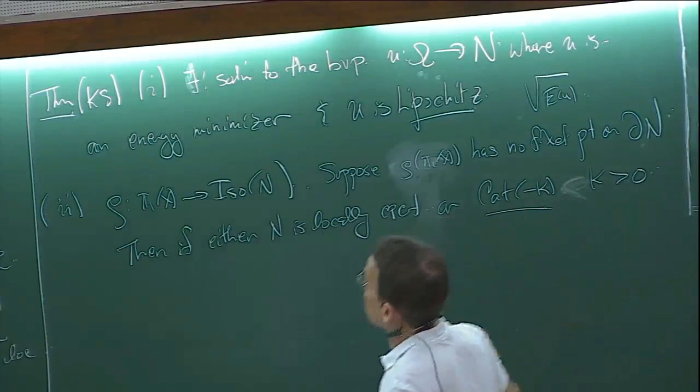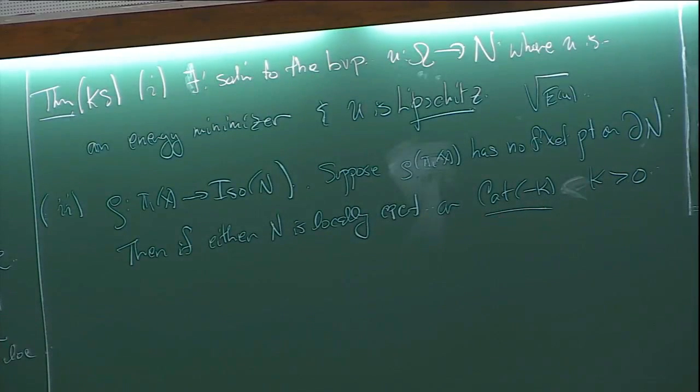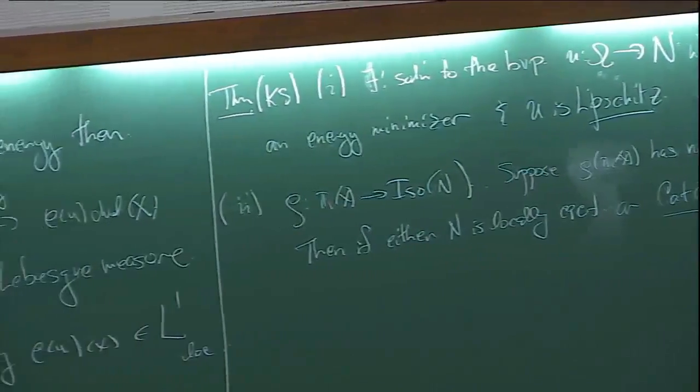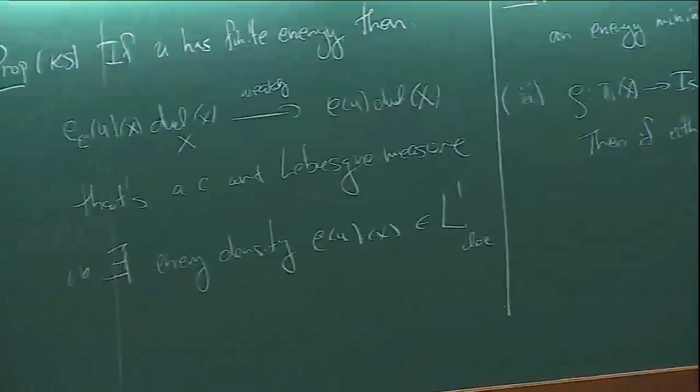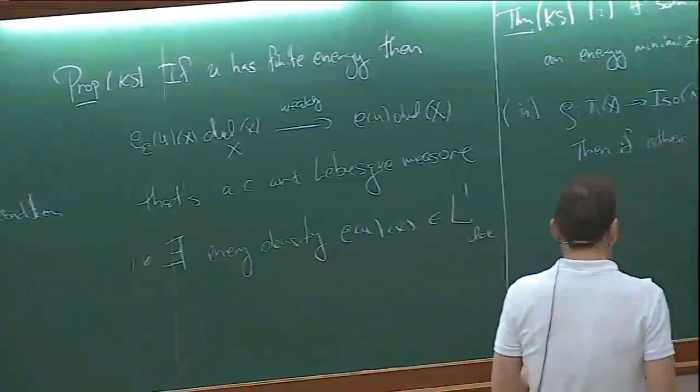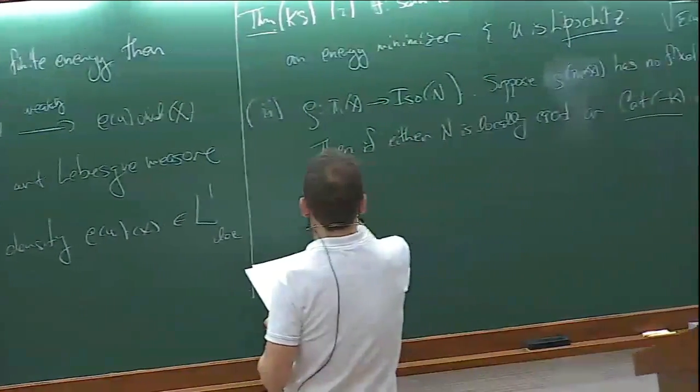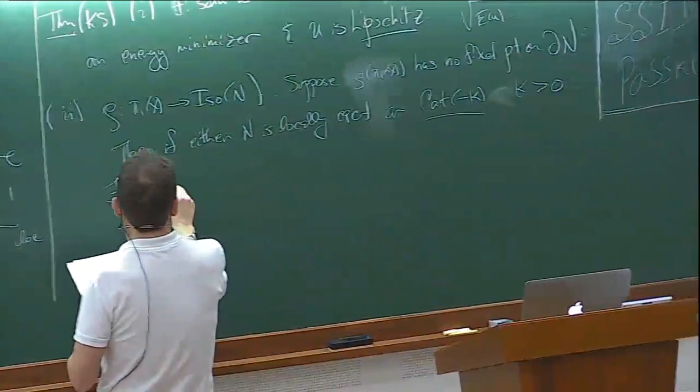So what do I mean by this? I mean that when you do the triangle comparisons, you replace Euclidean space by hyperbolic space with constant curvature minus kappa, and do comparisons there. So if you have strict negative curvature in some sense, then there exists a rho equivariant energy minimizer.